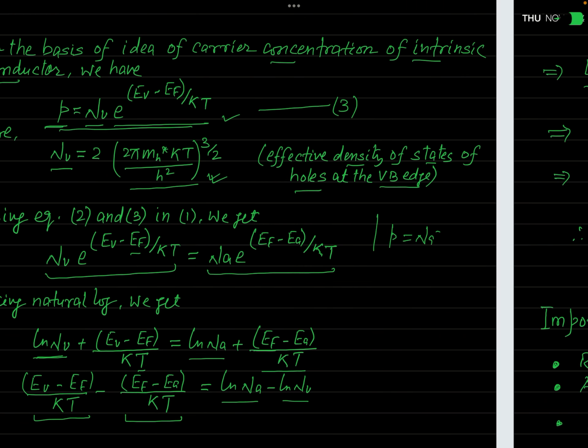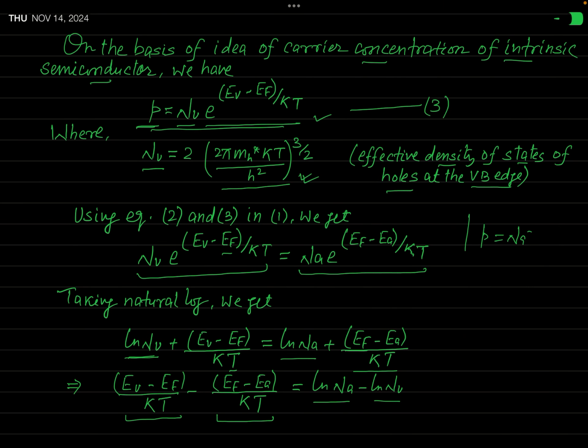And how can we obtain it? For this, let us see this result. This equation 3 actually represents the concentration of holes in this p-type material, in the valence band. And this can be obtained easily because now we have an expression for this EF.